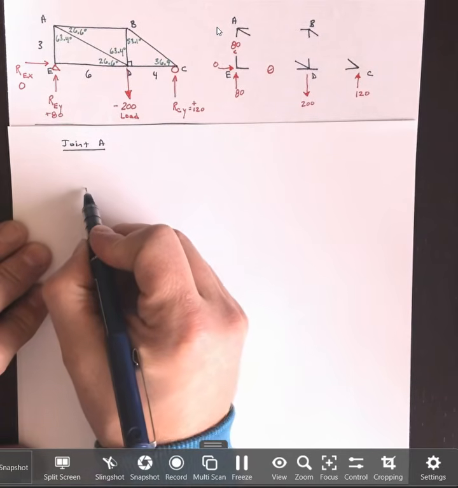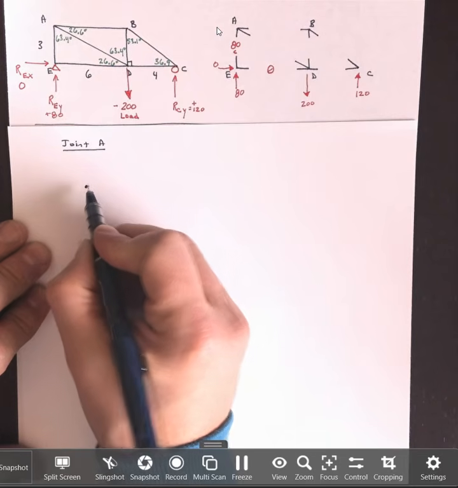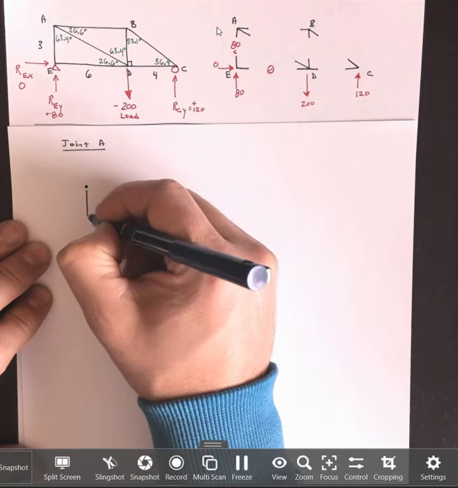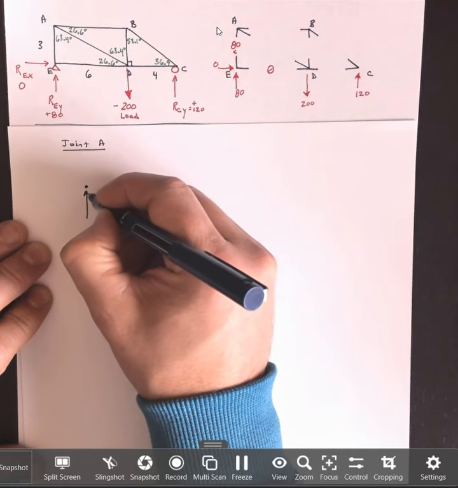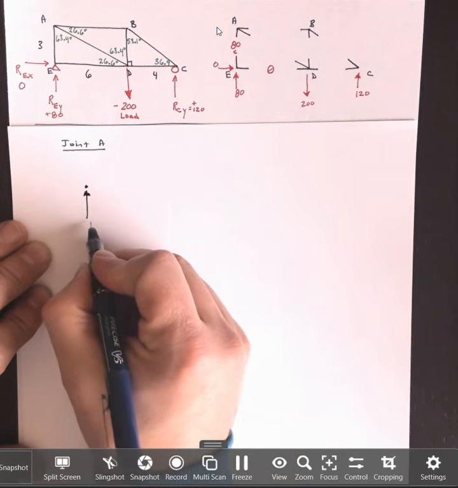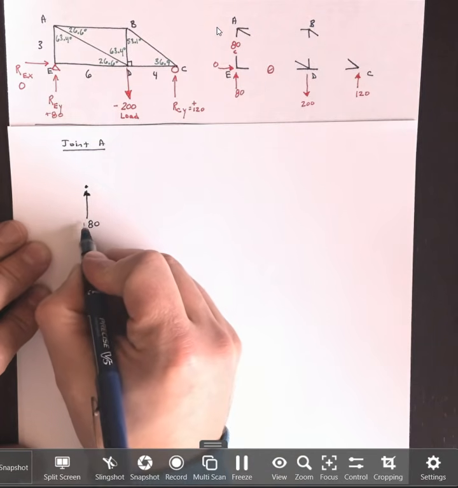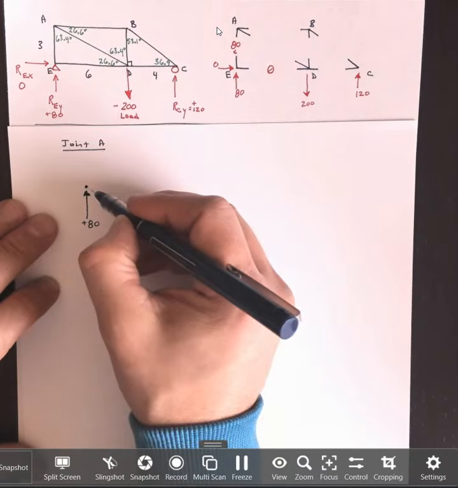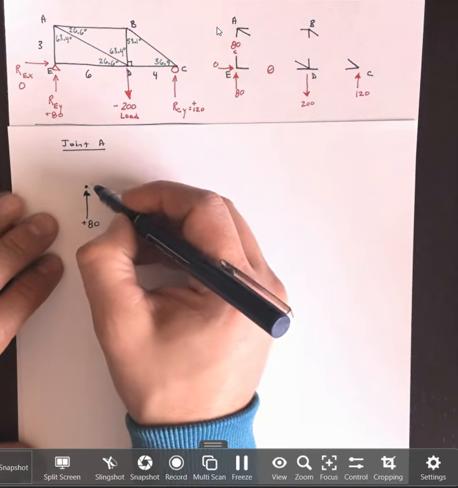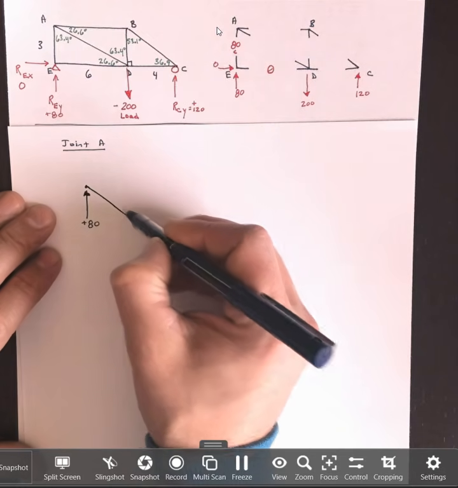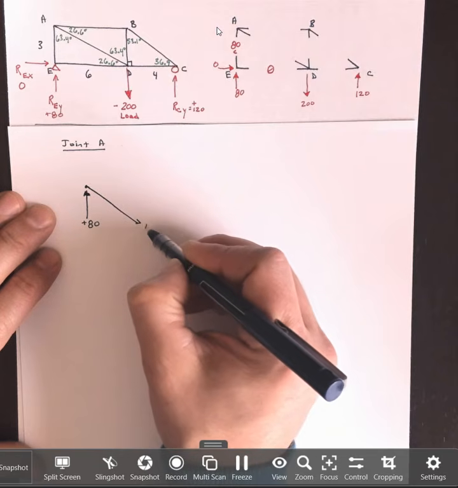And at joint A, I've got 80 compression. Compression is a pushing force on the joint, and this is known, so I'm going to do a closed arrow as a reminder to myself that I know this. This is 80. It's positive. I have AD, which is assumed to be in tension.